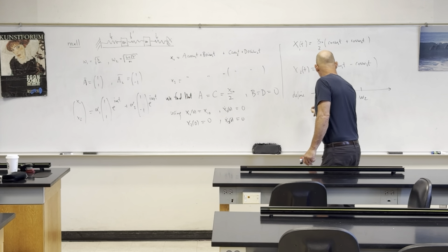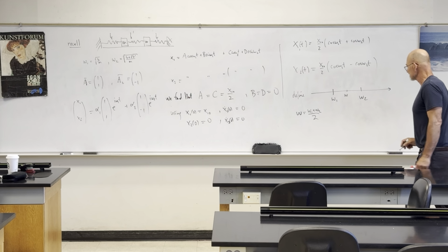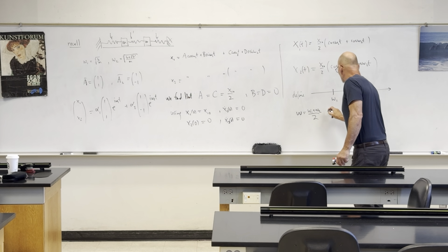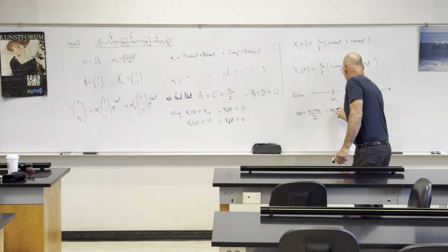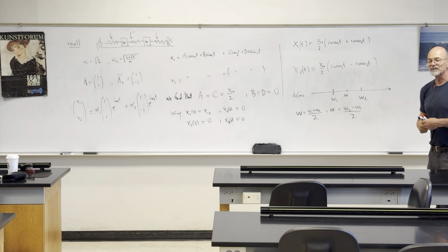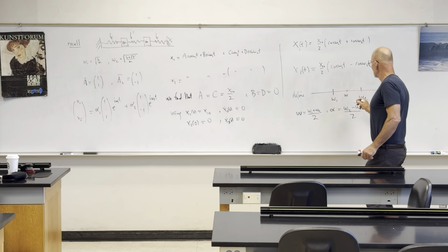So what I'm going to have is omega equals omega 1 plus omega 2 divided by 2. And I'm going to define alpha equals omega 2 minus omega 1 divided by 2. This is an algebraic problem that we can solve geometrically, so it's kind of interesting in that regard. Okay?